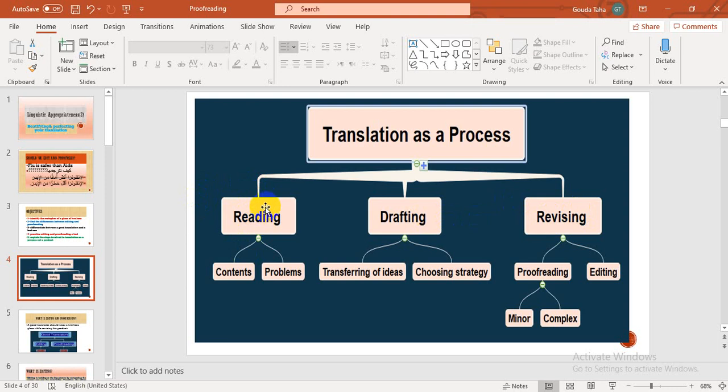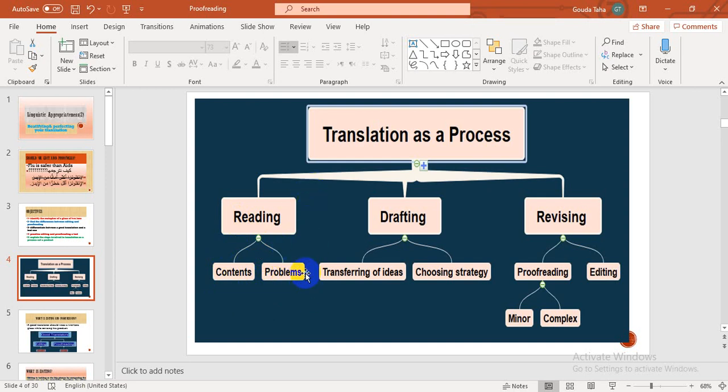When we read a text, you need to understand, you need to take in, and of course to comprehend all the content of this text. What is it about? What is the text type? And what are the problems involved in this text? Do we have any lexical problems, syntactic problems, grammatical problems, or meaning related problems?